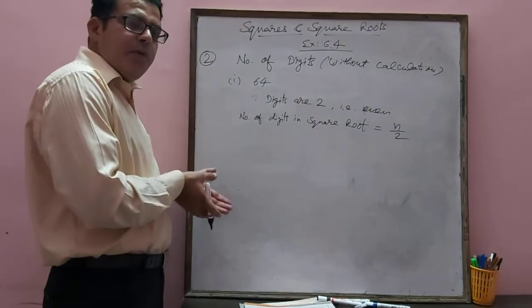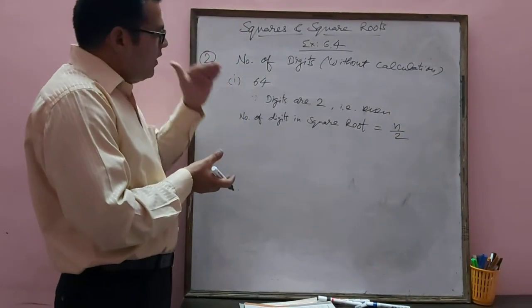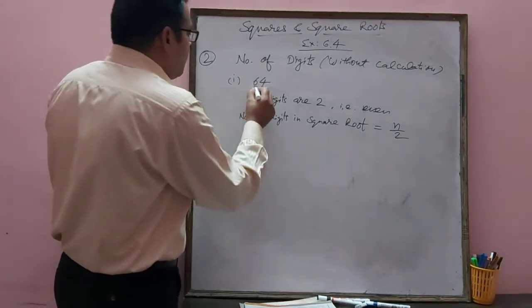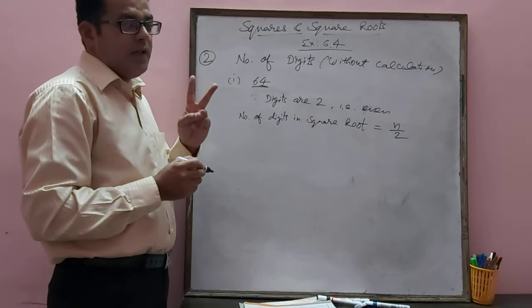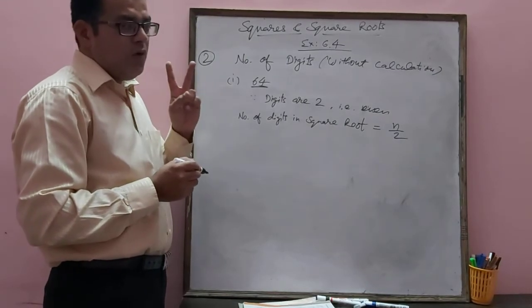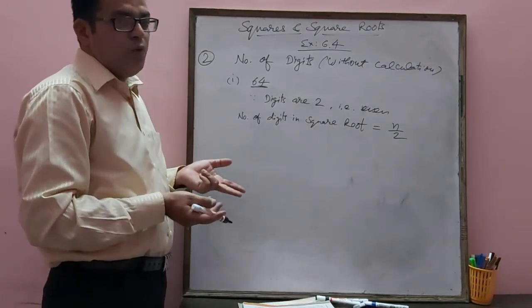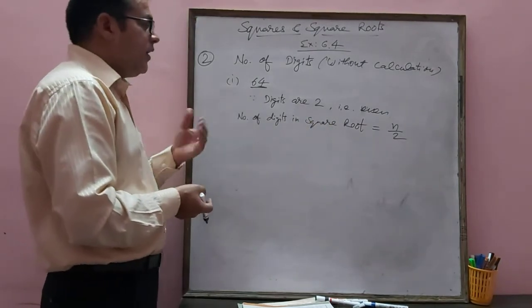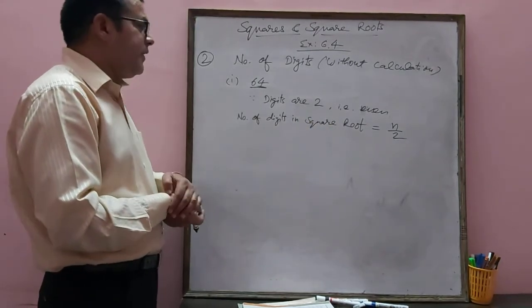This is a very simple and interesting method. Here the digits are 6 and 4, and 2 is an even number, so we can use this formula.